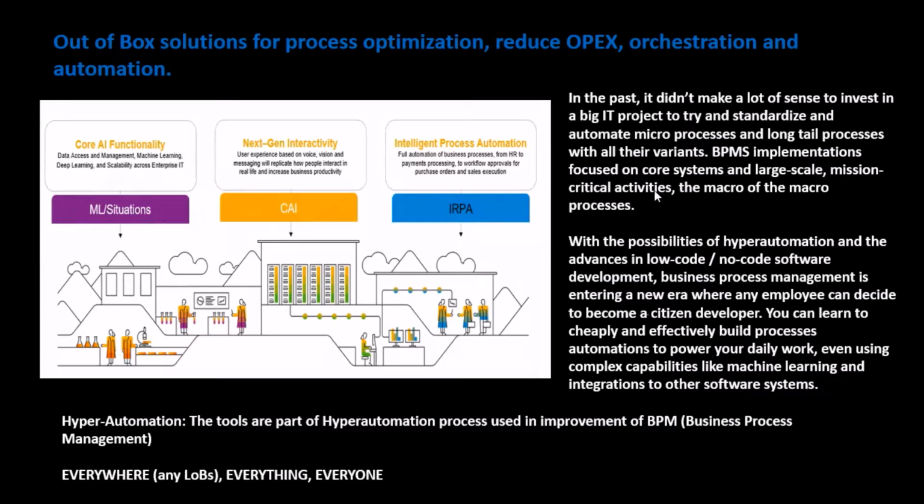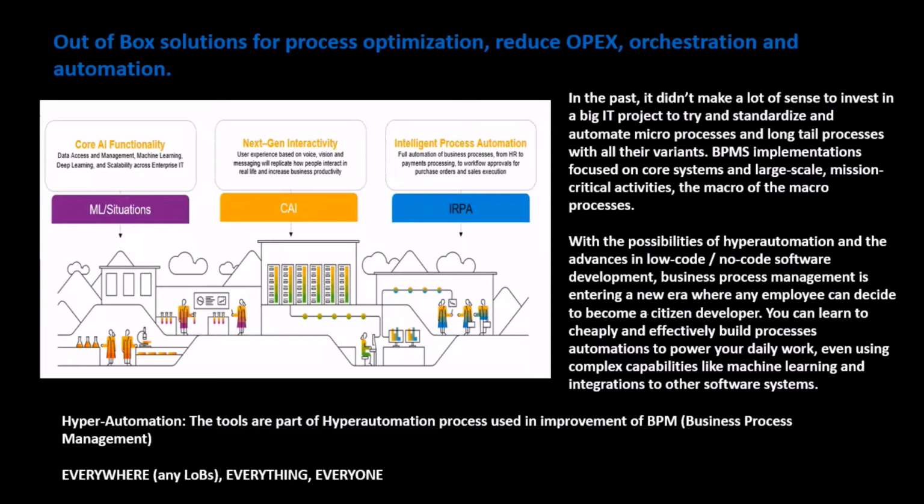And in the past, it didn't make a lot of sense to invest in a big IT project. But now companies are achieving business process management from that perspective, considering their existing processes and investing in futuristic technology. They are focusing more and more on investing in these technologies.